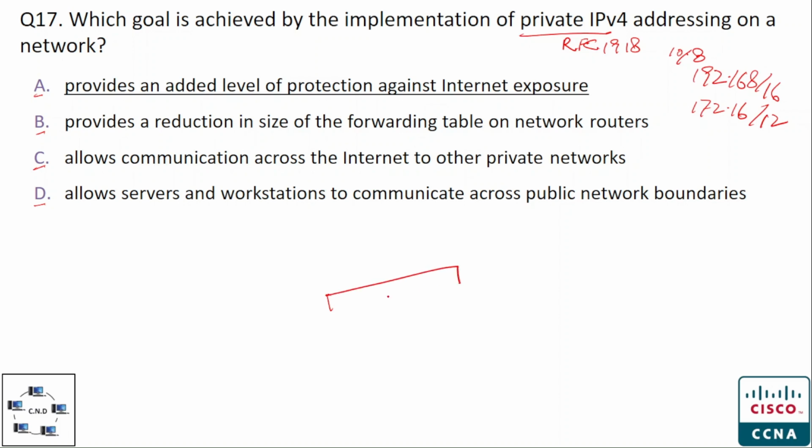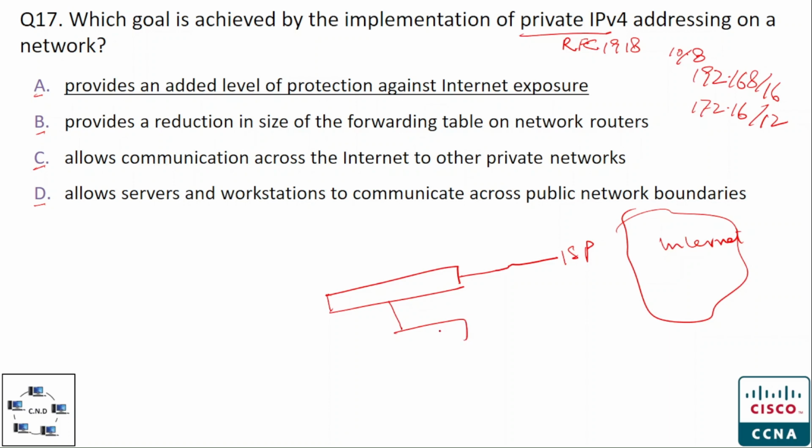So let me explain how this works. Let's suppose this is a router and one link of this is connected to the ISP and the internet. On the other link we have, let's suppose, this switch, and to this switch we have clients connected over here.